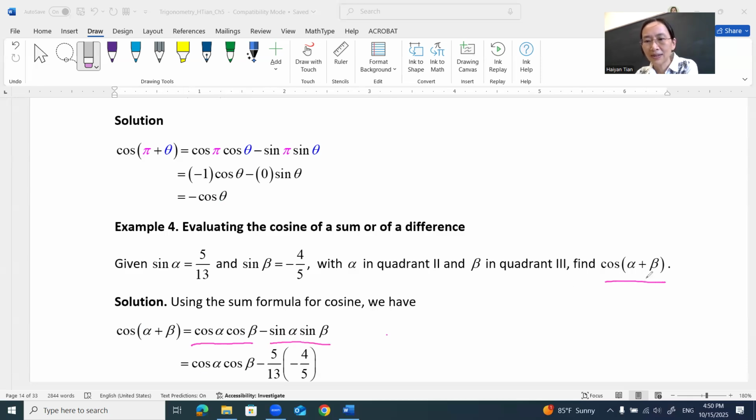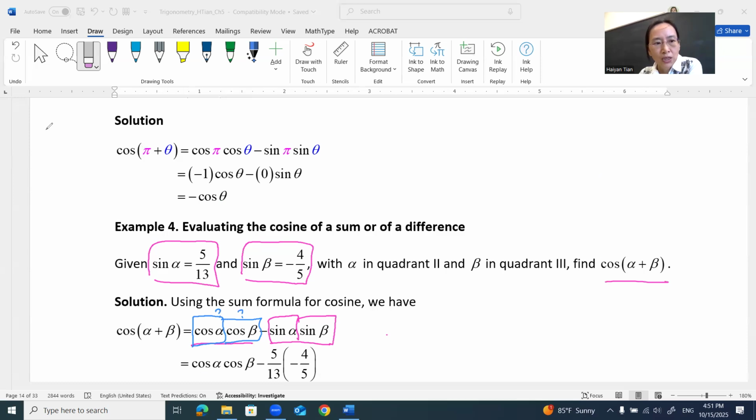We already know the sine value of alpha, so that one is given. And for beta, we also know the sine value, so that one is also given. What is not given is the cosine value of alpha and cosine beta. How can we find cosine alpha, cosine beta from the given sine alpha, sine beta? That's the immediate question.